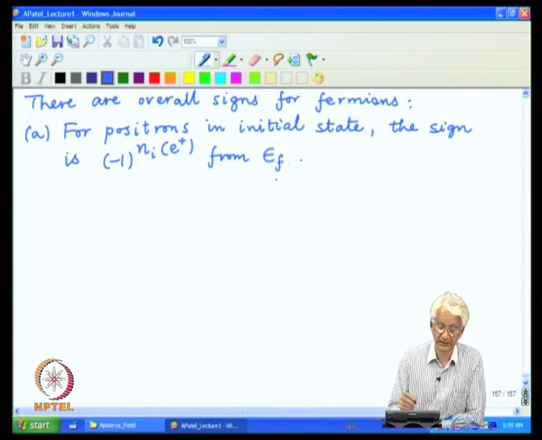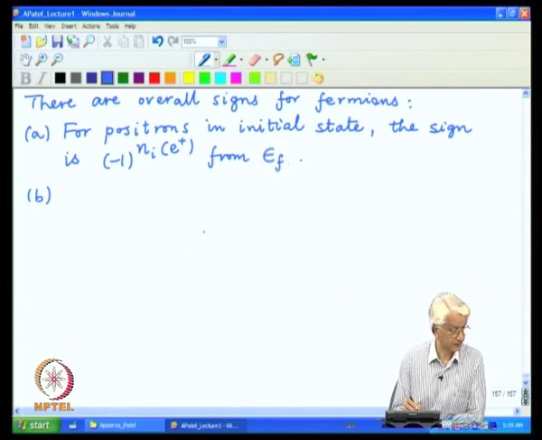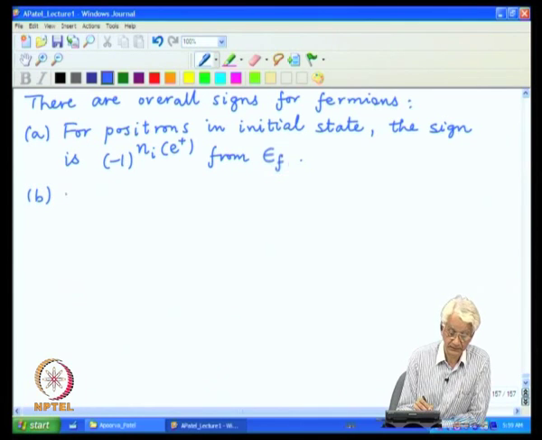For positrons, epsilon r is equal to minus 1, and which enters in this whole analysis in some particular way. So, that is one overall sign.